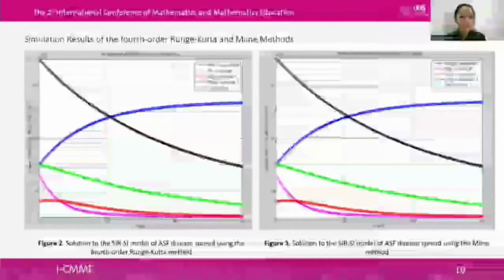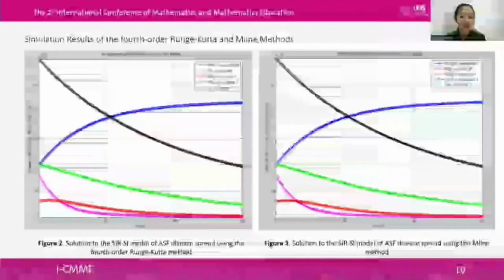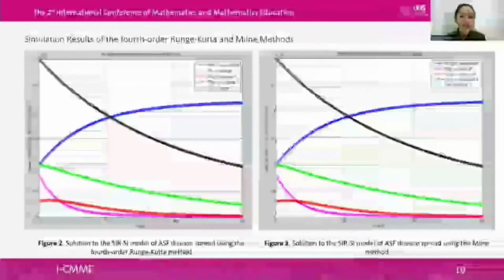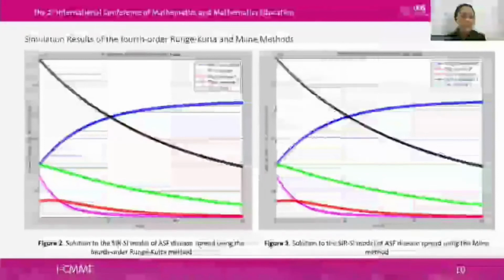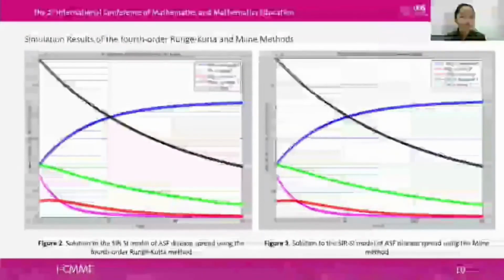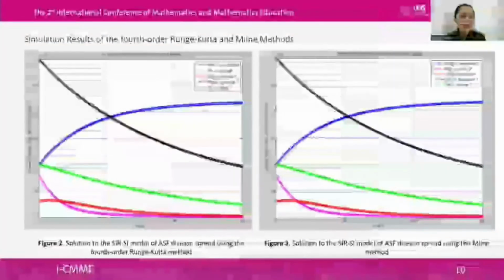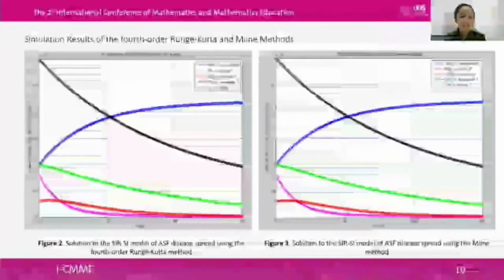The population of RP, the pigs recovering from the disease, increases and then decreases over time. The population of ST, the ticks susceptible to disease, decreases over time. Lastly, the population of IT, the ticks infected with the disease, decreases over time.